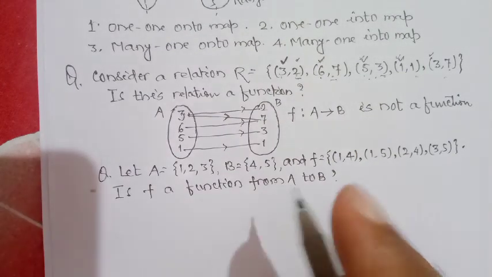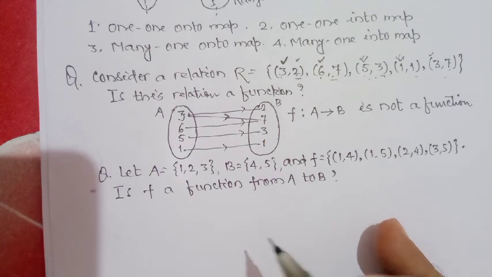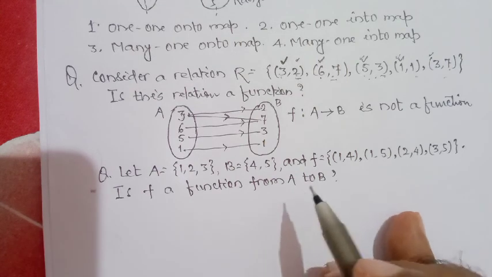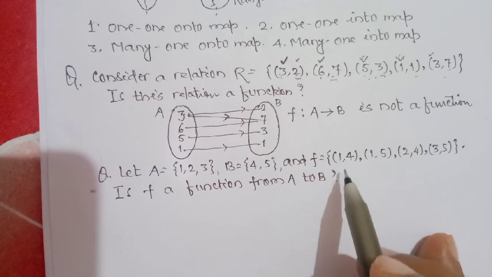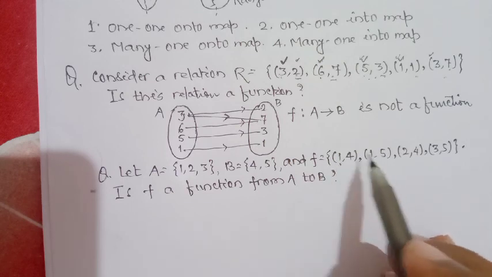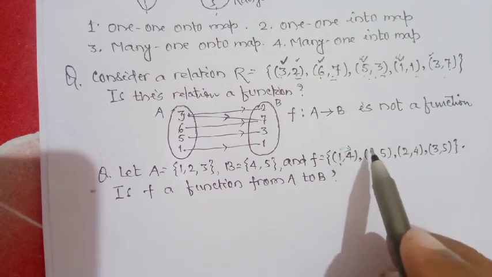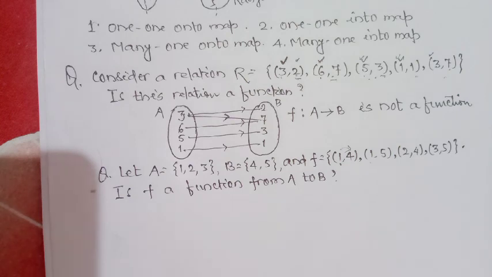Again you can see that first element, that is 1, has 2 images, 1 to 4 and 1 to 5.